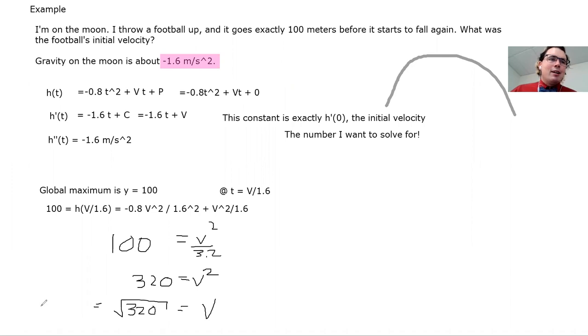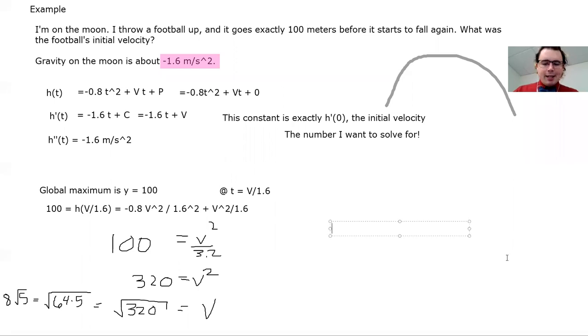Just for fun, how many things can I factor out of here? 32 and 10. So that would be 64 times 5. I know that 64 is 8 squared, but the square root of 5 is irrational.